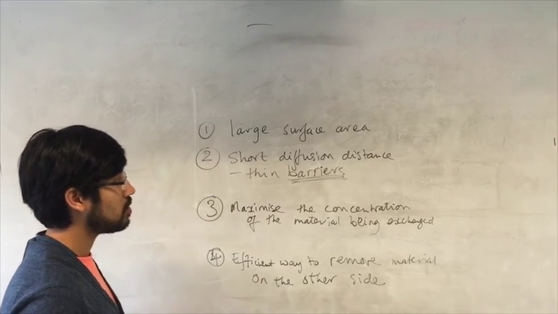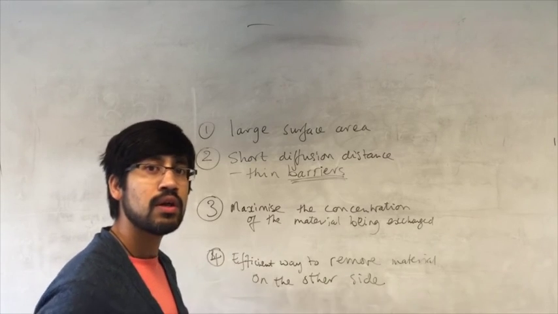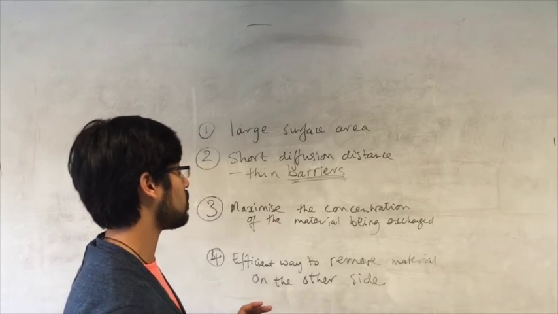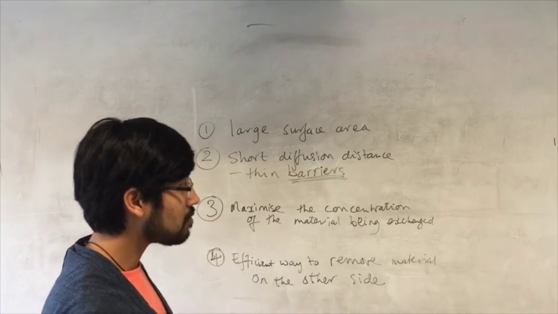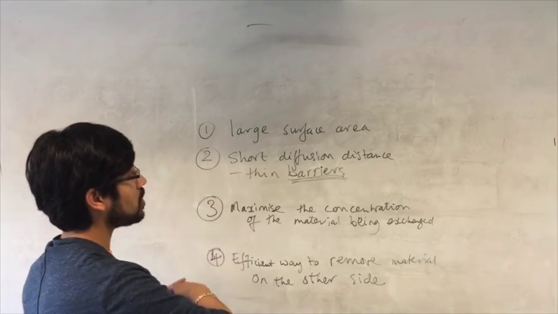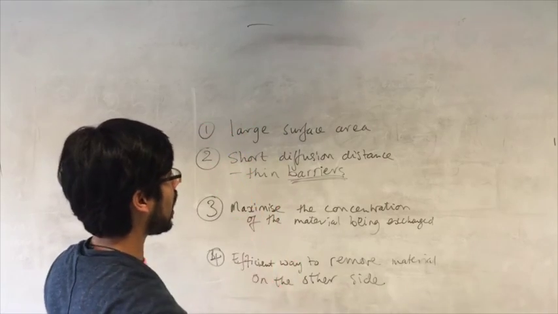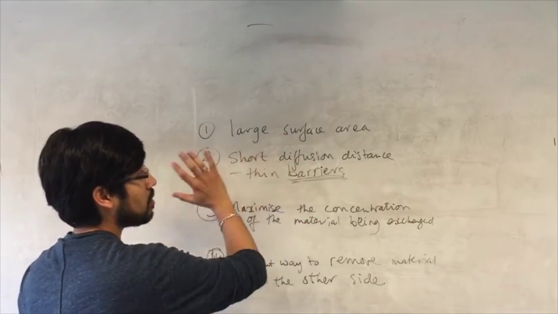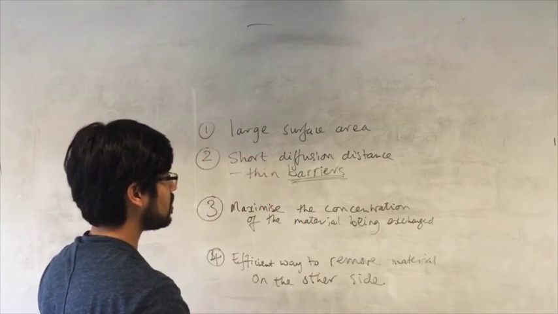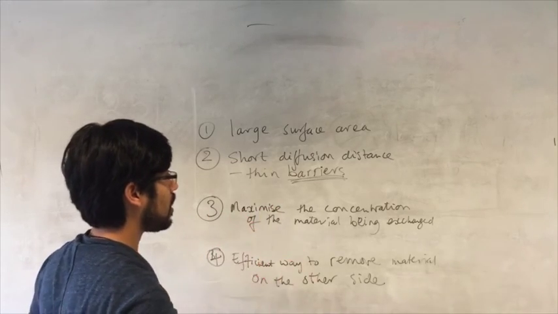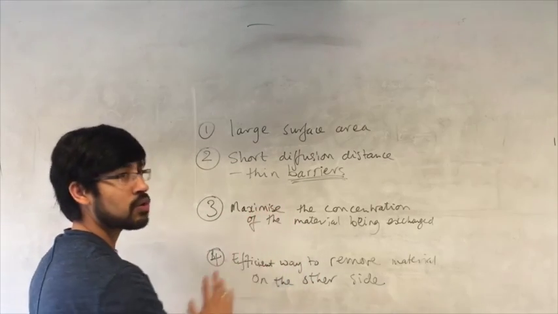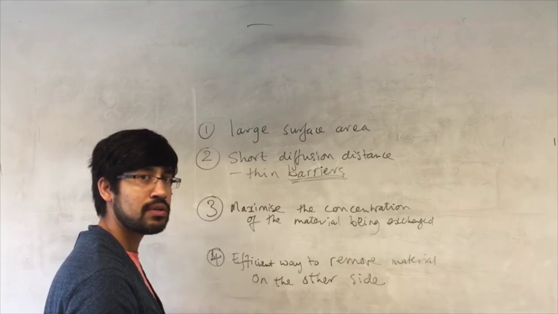When we talk about the lungs, I believe we will also be talking very specifically about how the lungs have a large surface area, how the lungs maintain short diffusion distances through thin barriers, and how they maintain concentration gradients. Alright guys, so I'll see you then.